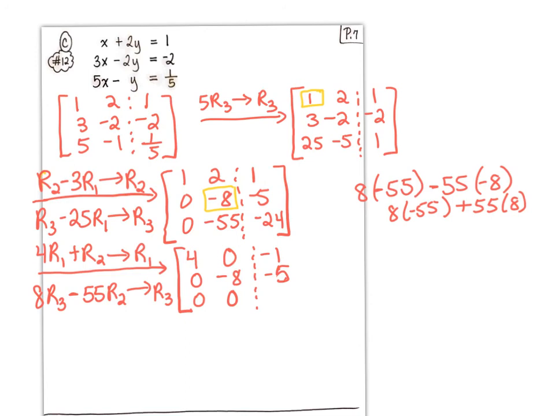Okay? And then, whenever we have 8 times negative 24, so now we're looking at another entry, minus 55 times negative 5, what do you get here?